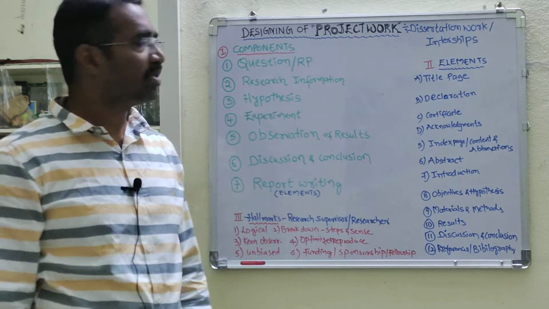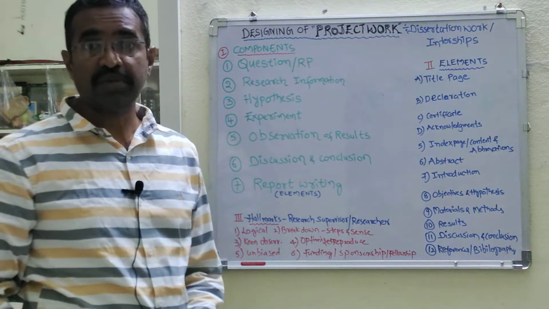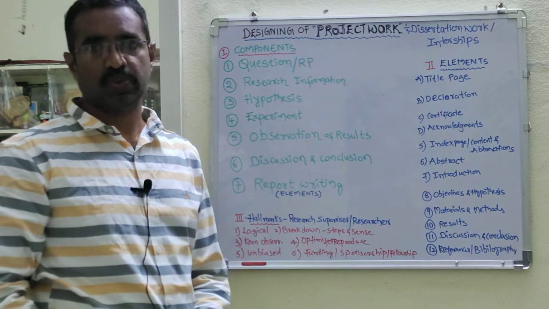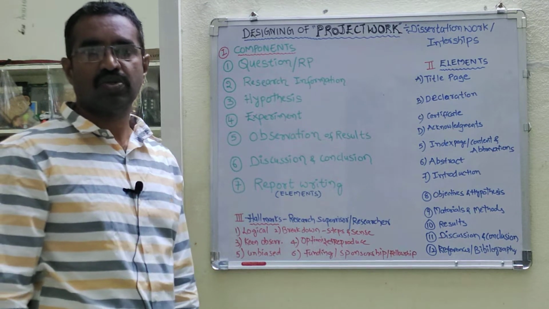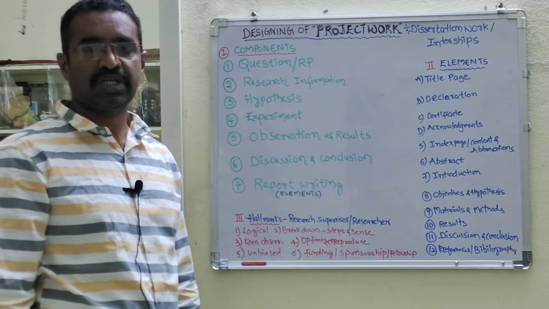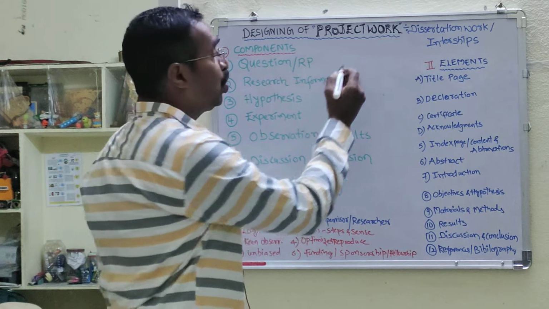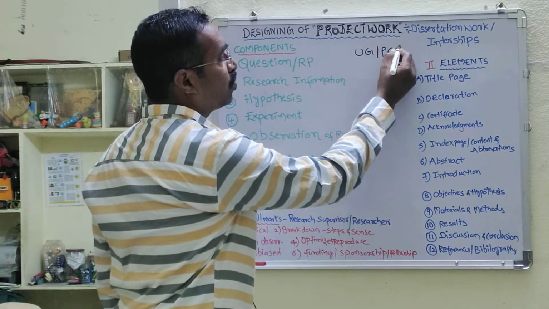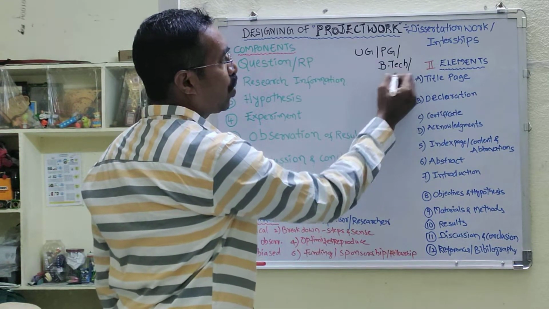Doing project work, which is also called dissertation work or internship, is very much mandatory as per the UGC and AICTE rules. The University Grants Commission and the All India Council for Technical Education have made project work mandatory in the last semester of UG and PG, and also in the BTech and MTech courses.